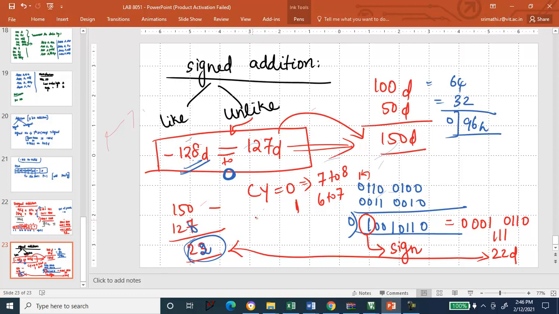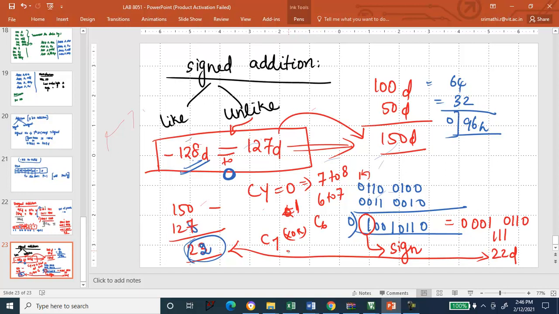Now how will you assume your overflow flag? You need to XOR the carry from the 7th bit to the 8th bit and the carry from the 6th bit to the 7th bit, meaning C7 XOR C6.